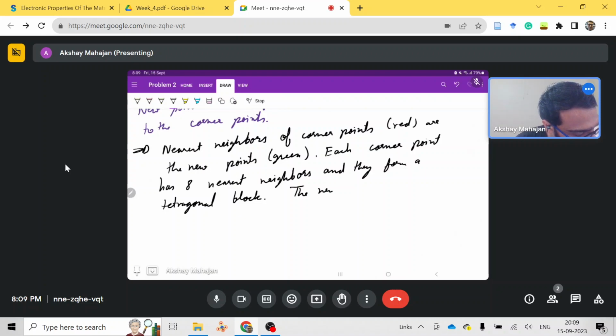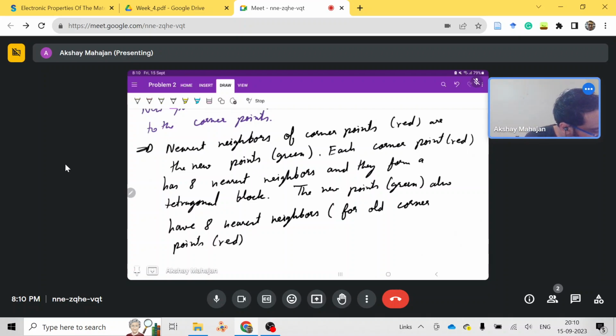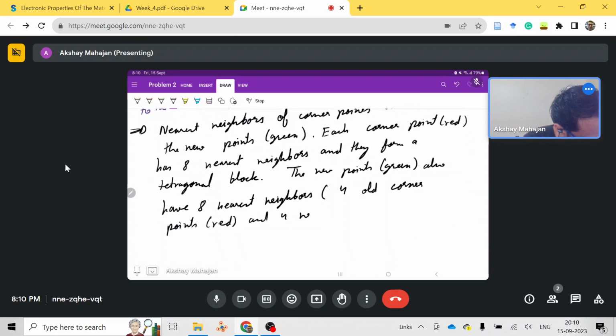The new points, the green ones, where the corner point is the red one, also have 8 nearest neighbors: 4 corner points, which are red, and 4 new points, which are green.